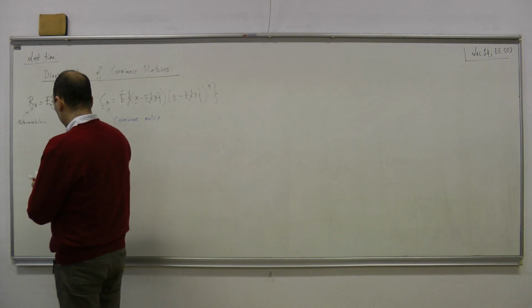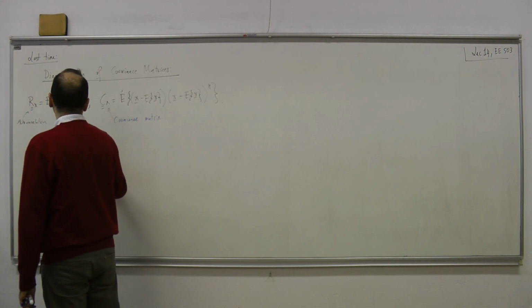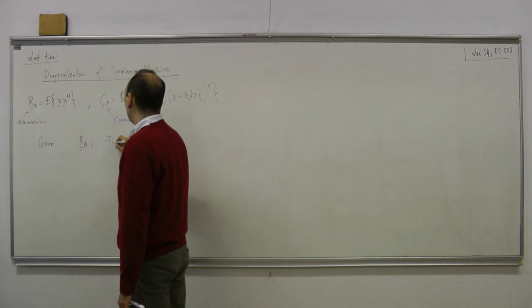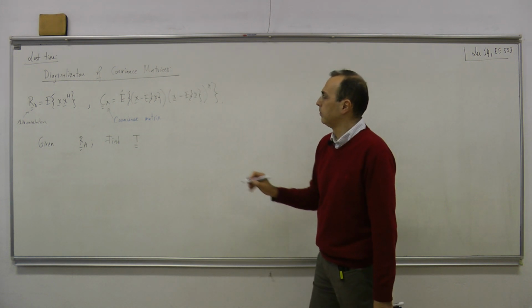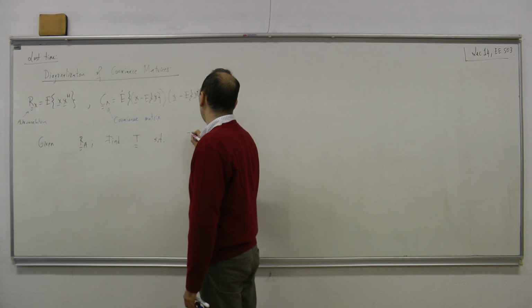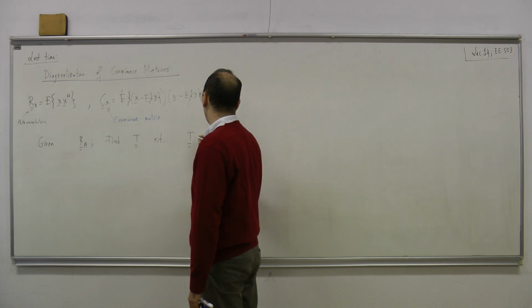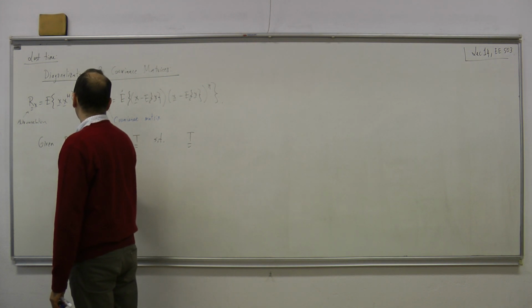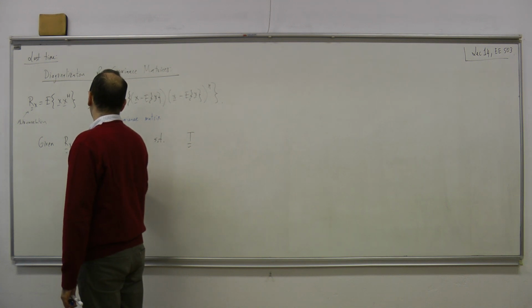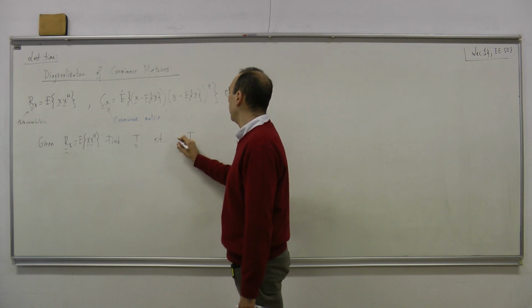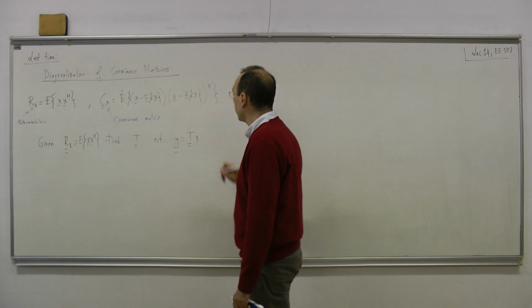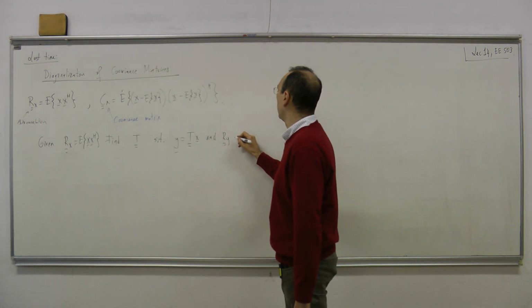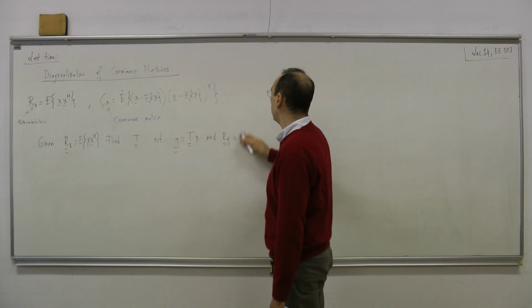So what is our goal? Last time again. So given, let's say Rx, or you may say Cx, whatever, then our goal is to find a transformation T such that y is equal to T times x, and Ry, according to this, is a diagonal matrix.